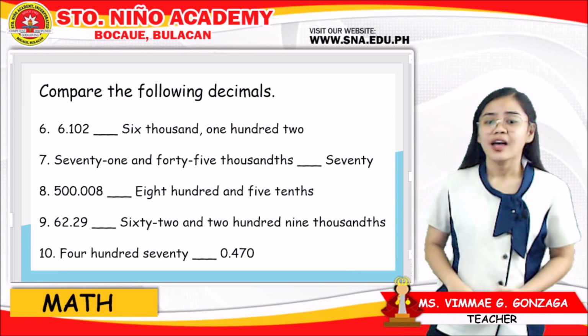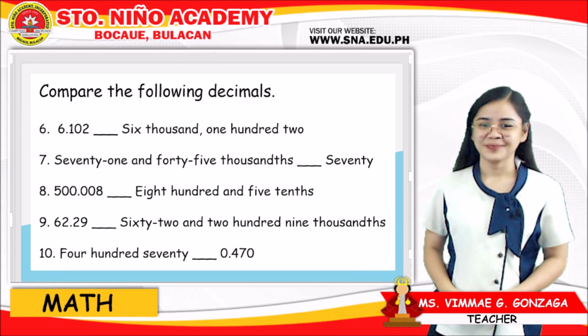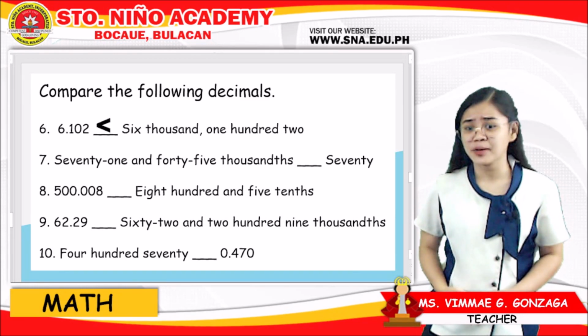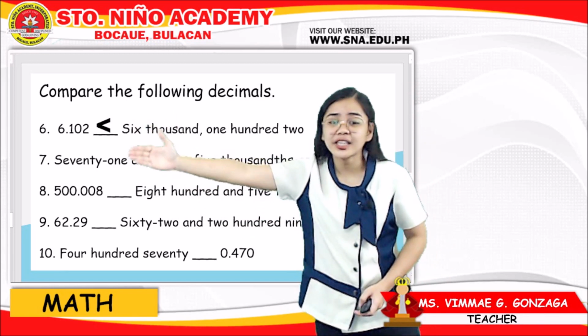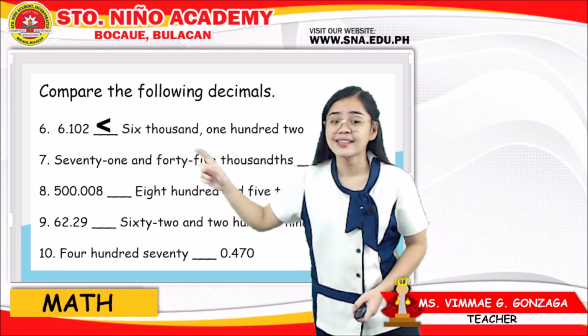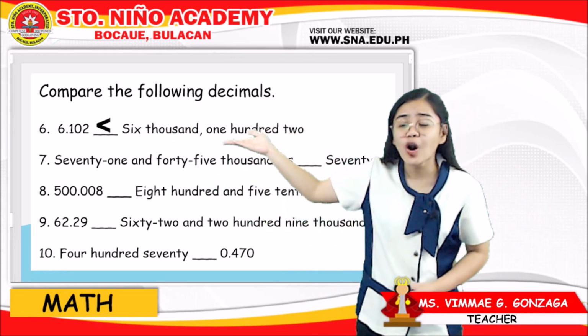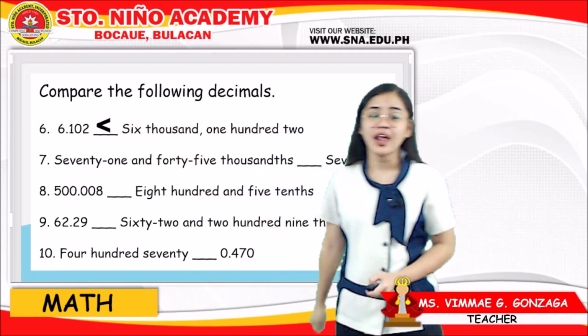Greater than, less than, or equal? Very good, of course, that is a less than. Kasi mas mababa naman talaga si 6 and 102 thousandths kesa kay 6,102. Kasi ito po ay full number. At ito naman ay decimal number.